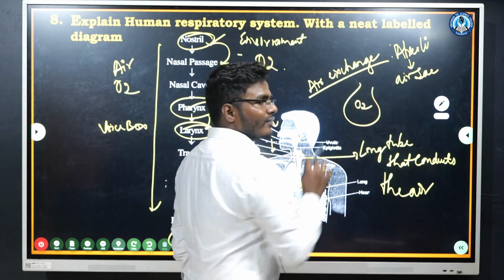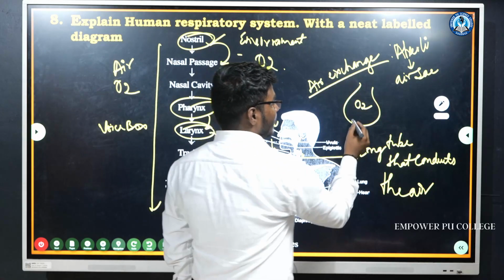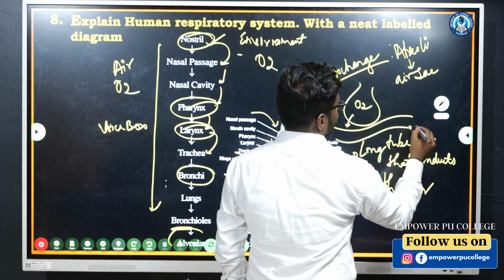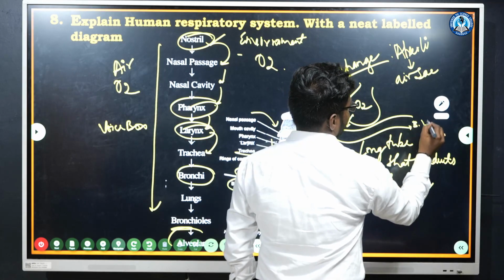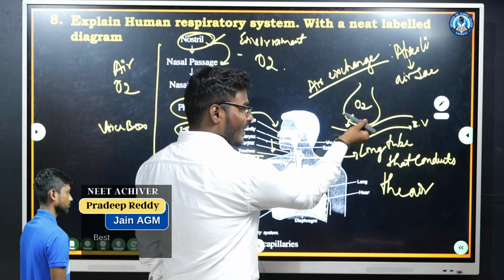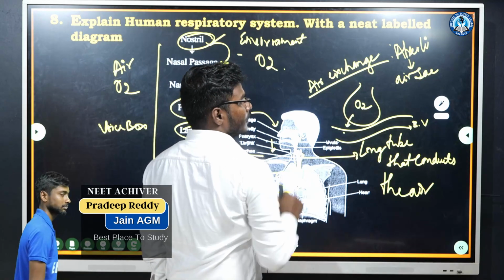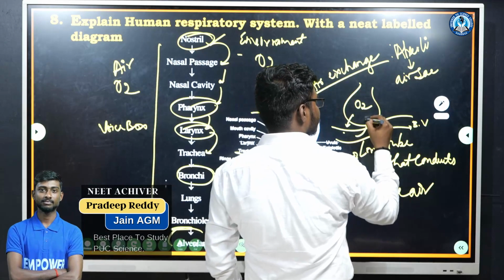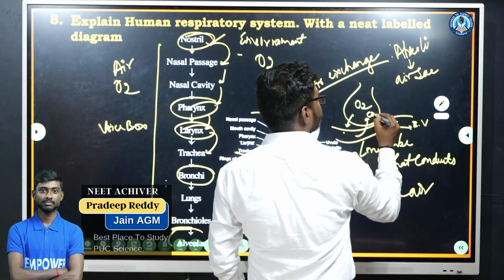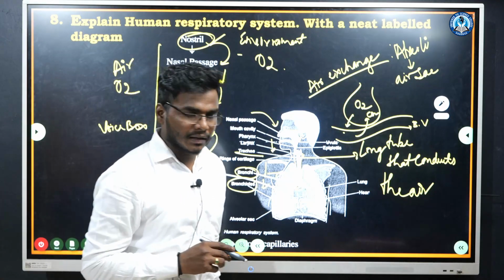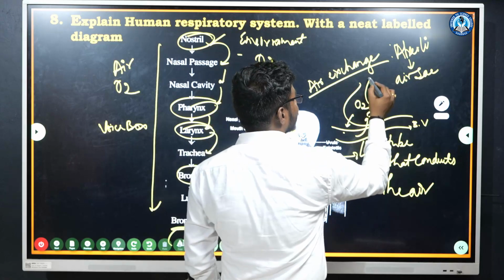So the alveoli, which are rich in oxygen, transfer the oxygen to the blood. So this is the blood vessel. Let us give it as BV, that is blood vessel. The oxygen gets transferred to the blood here. In turn, the alveoli receive back CO2, that is carbon dioxide, from the blood capillaries. So this CO2 again goes back.